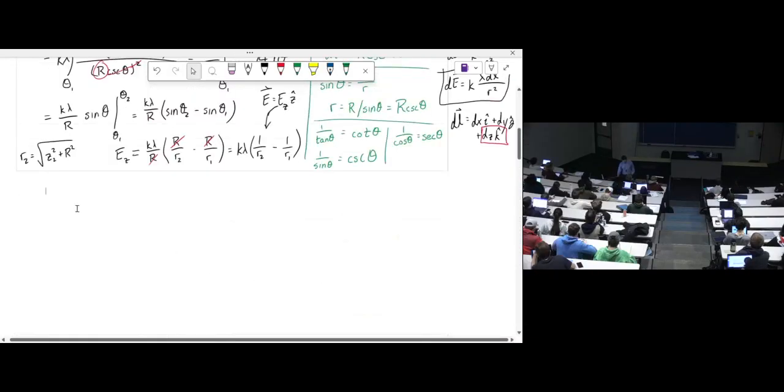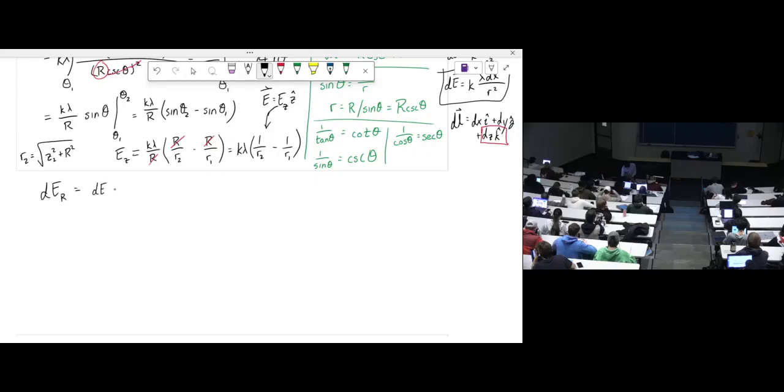Okay, for d sub r, remember that we said d sub r is equal to dE times the sine of theta. And I'm going to go ahead and skip some steps here.